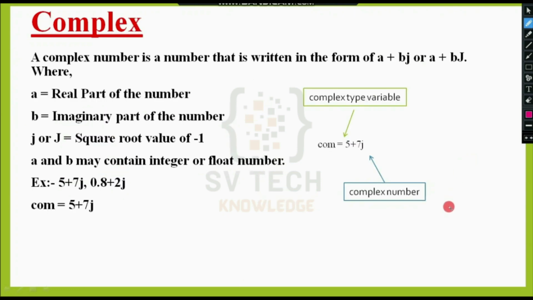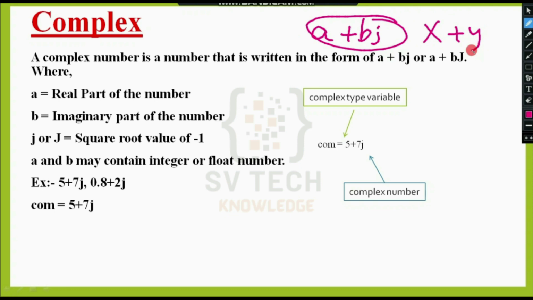Next, complex number. This is not present in C language. You have to see carefully. So the number which is in the form of a plus bj, or x plus yj, we call it a complex number.